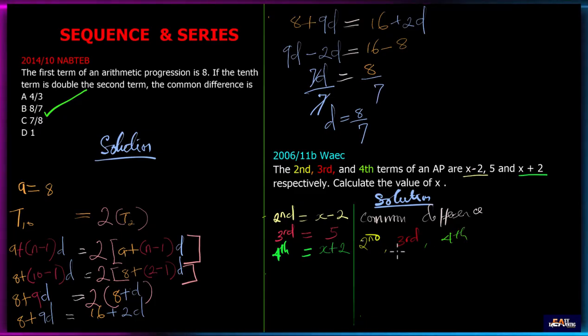If you are to solve for the common difference here, it will simply be the third term minus the second term. Third minus second will give you the common difference.